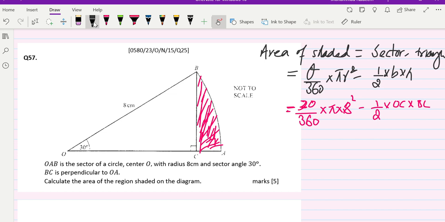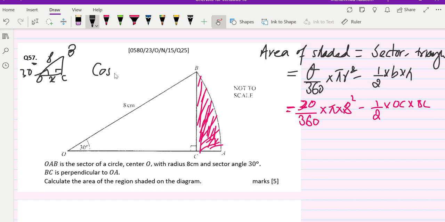So let me draw the triangle over here. This is the triangle, this is 8 centimeter, this is the right angle, this is O, B, and here is C, and the theta is 30 degree inside the triangle. So I want to work out this base, so I labeled it as X. You know, when the base is unknown and you have hypotenuse, so base and hypotenuse, they both lie in cos theta.